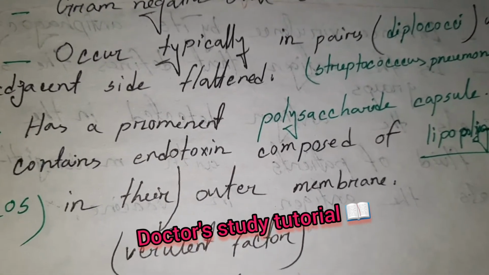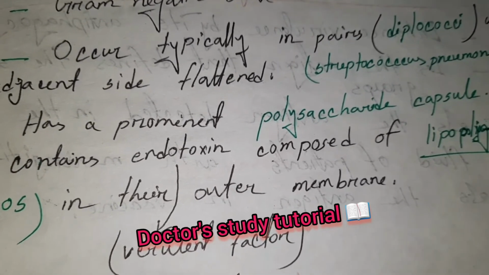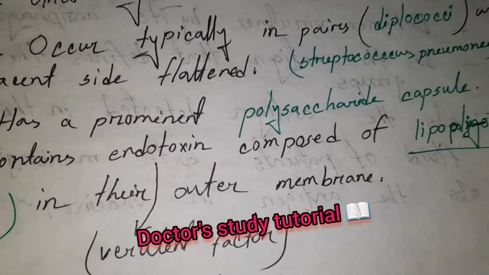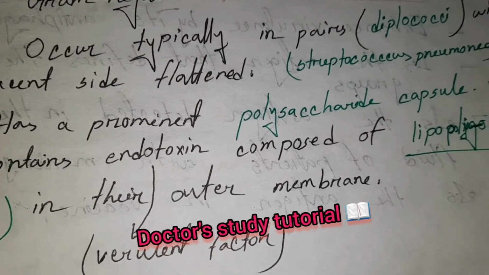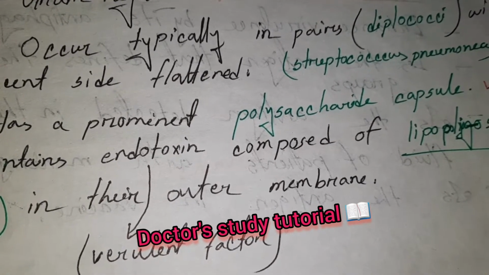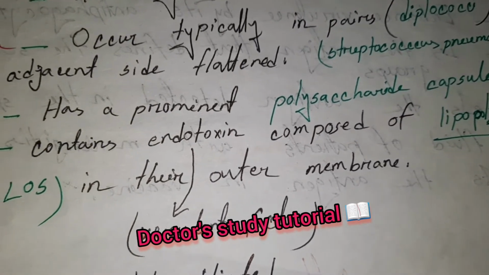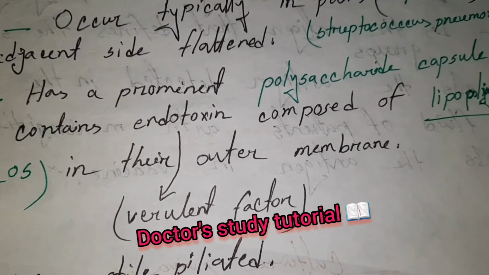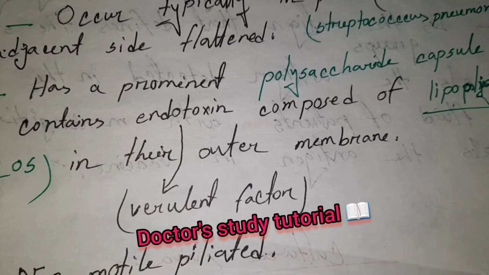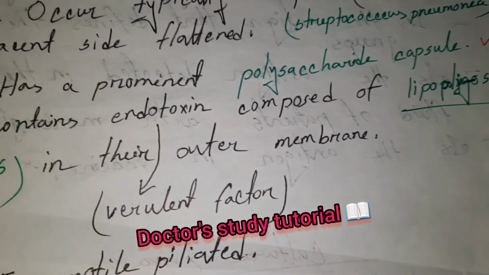In the morphology of Neisseria meningitidis, we must say diplococci. Streptococcus pneumoniae is also a diplococci bacteria, but it is a gram-positive cocci, and Neisseria meningitidis is gram-negative cocci. Another point is, it has a prominent polysaccharide capsule.